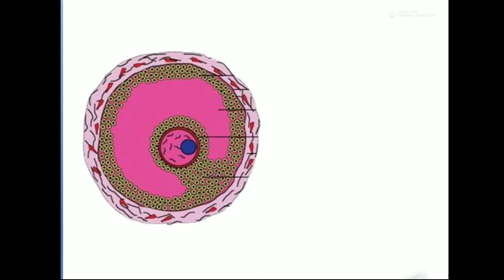The secondary oocyte has cells around it, and the process is known as ovulation. I will discuss the whole scenario of ovulation later.